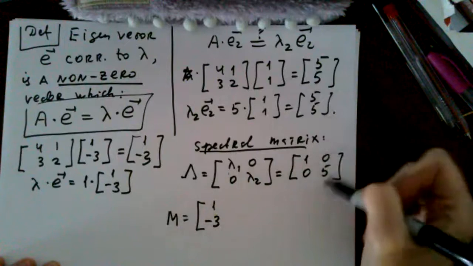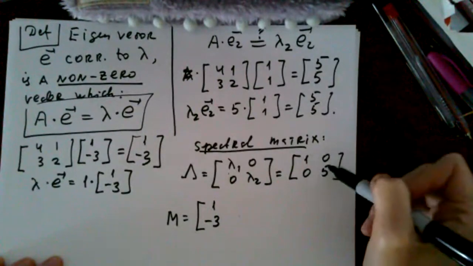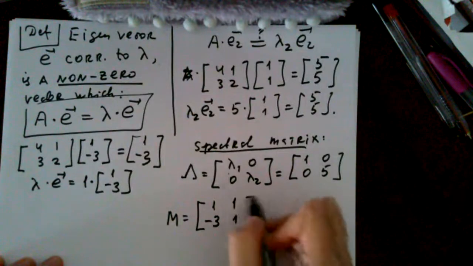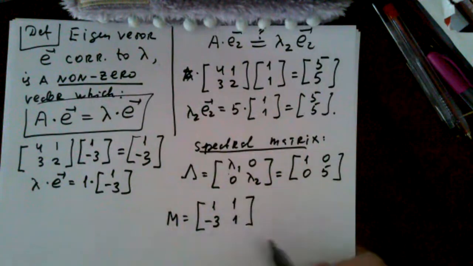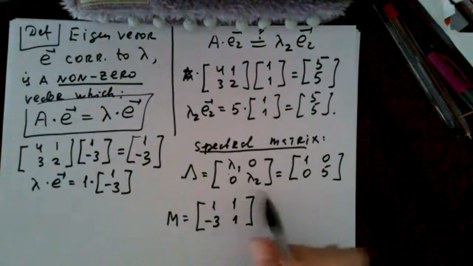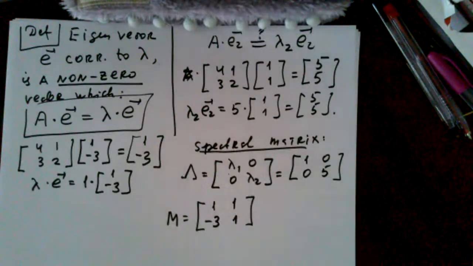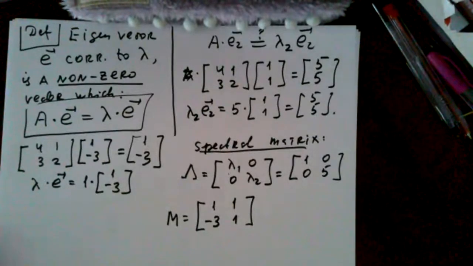And the same goes for the second column. The second column represents lambda equal to 5. That is why we need to put the second vector, which was 1, 1 here, not vice versa. You are not allowed to swap the order. It's super important. In linear algebra, order is super important because linear algebra deals with matrices, and order in matrices matters a lot, of course.